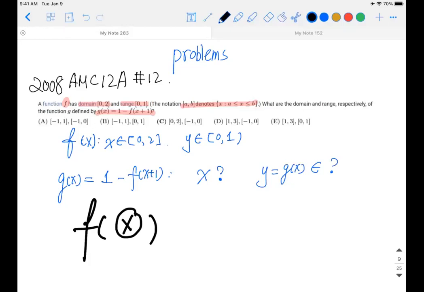That being said, everything inside must follow this criterion, 0 to 2, right? Today you have x, tomorrow you have x plus 2, the day after tomorrow you have g(x), whatever. As long as you have something living under f, you must follow the criterion.